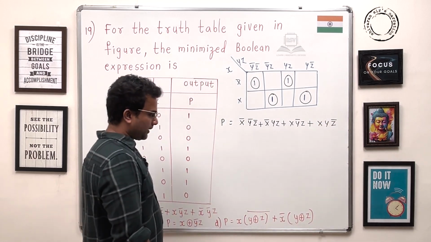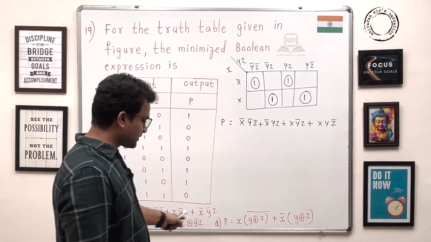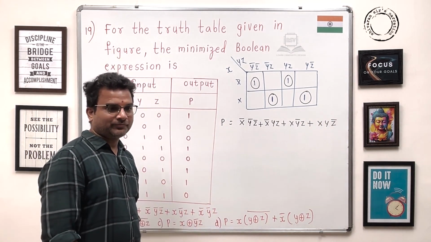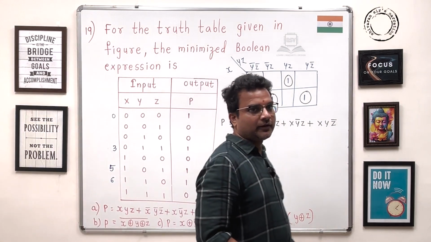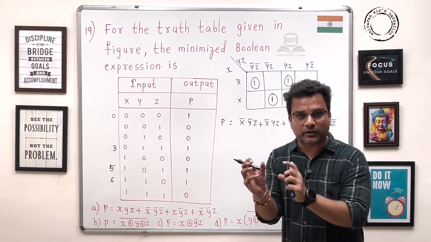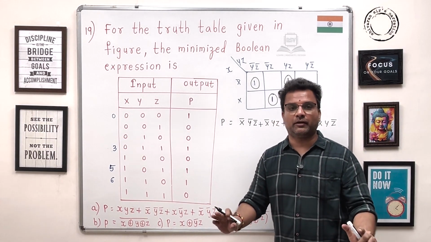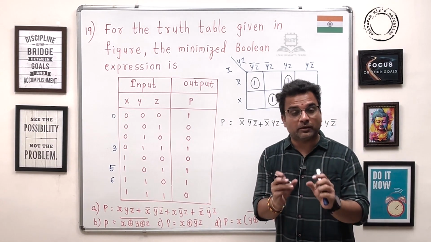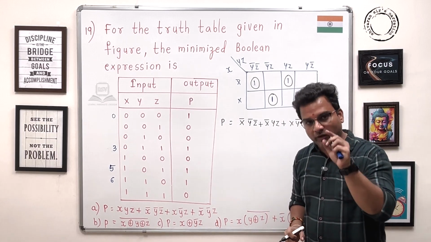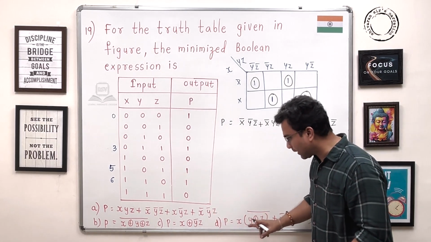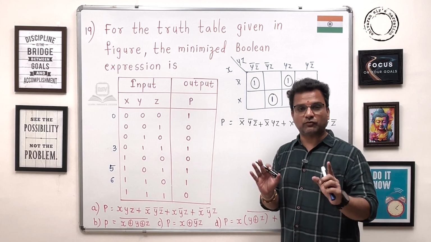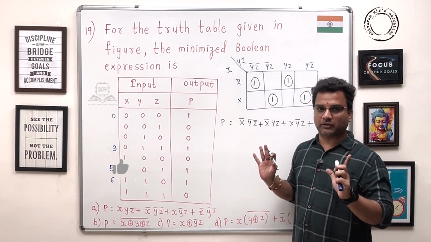This one, guys, is this in the options? No. Then how can we do that? We need to rearrange the terms. Remember, guys, here we are not doing any optimization, but we are rearranging the terms in such a way that you will land on one of the options. Yes, that's our motto in this particular question.